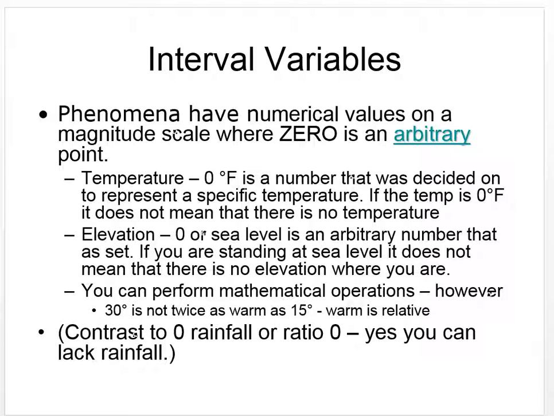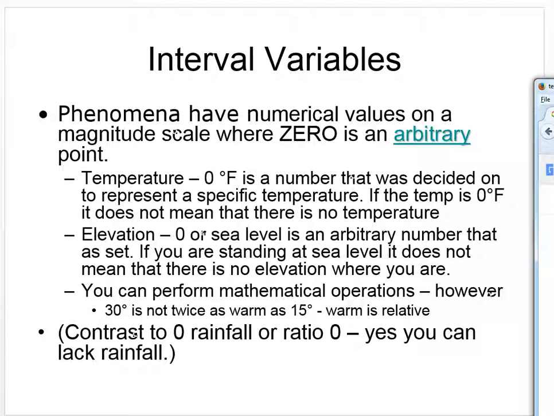Unless you're talking about Kelvin. I'm going to have to look it up. Hold on. Yes, Kelvin temperature would have an absolute zero, but we're not going to go there. Elevation, zero does not mean absence of elevation. It just means that you're at the starting point that somebody arbitrarily set as sea level.